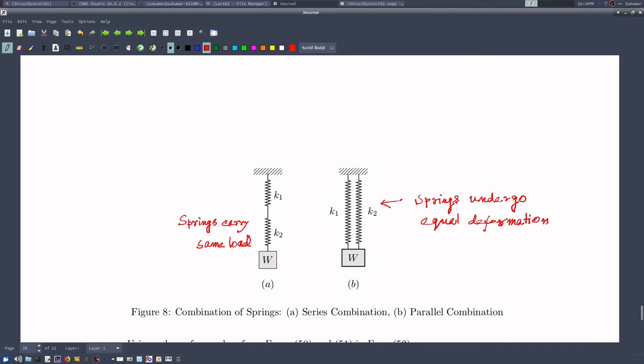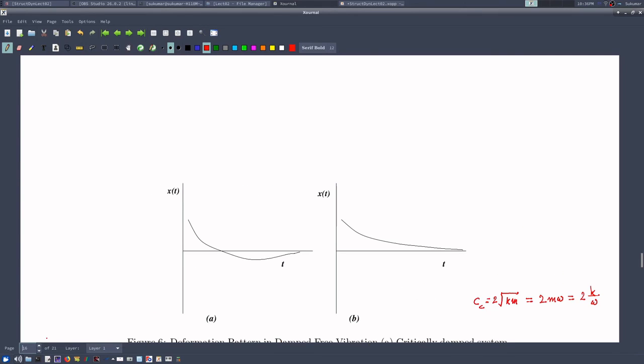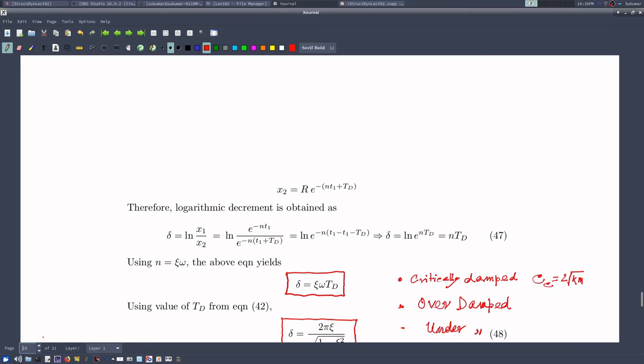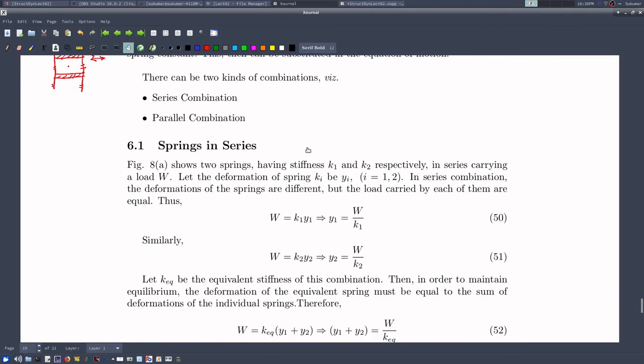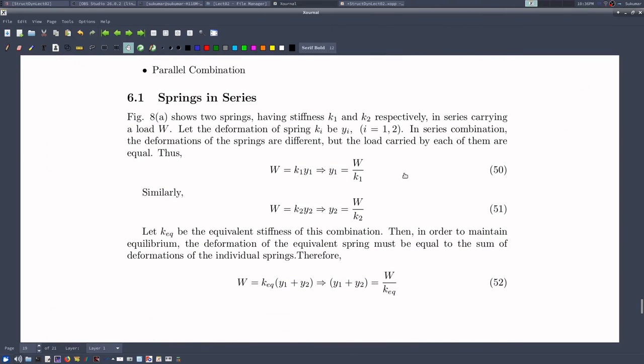to identify whether the springs are in series or in parallel. Now let us see how to get the equivalent stiffness of the springs in series. Let me draw the figure once again here.